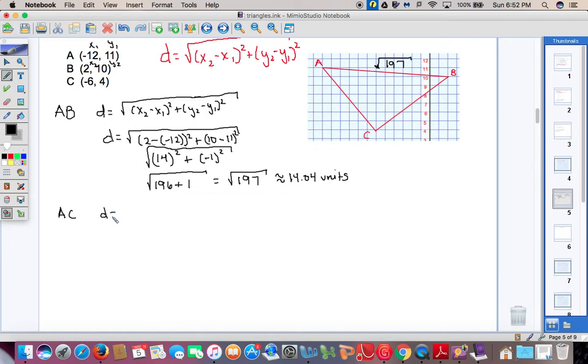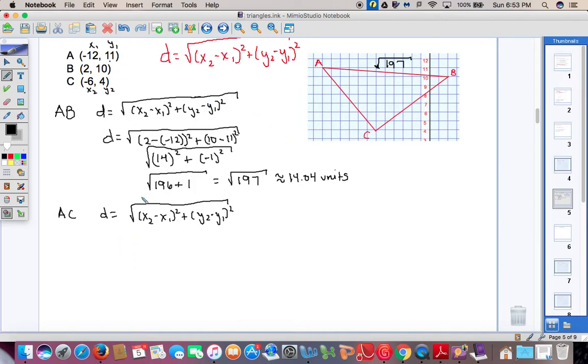If A is x1, y1, I'm going to let C be my x2, y2. So when I rewrite my formula, I have (x2 minus x1) squared plus (y2 minus y1) squared.